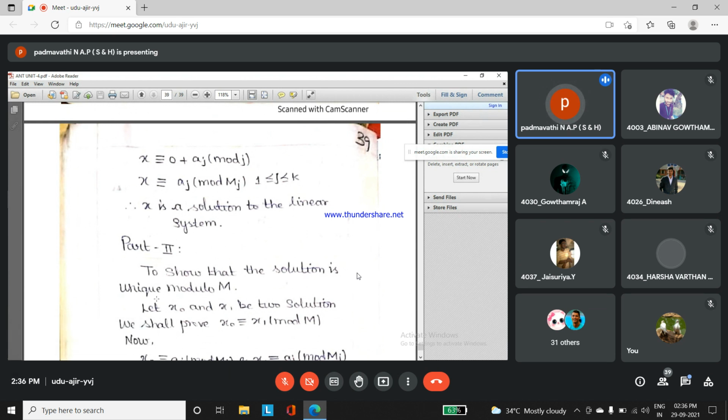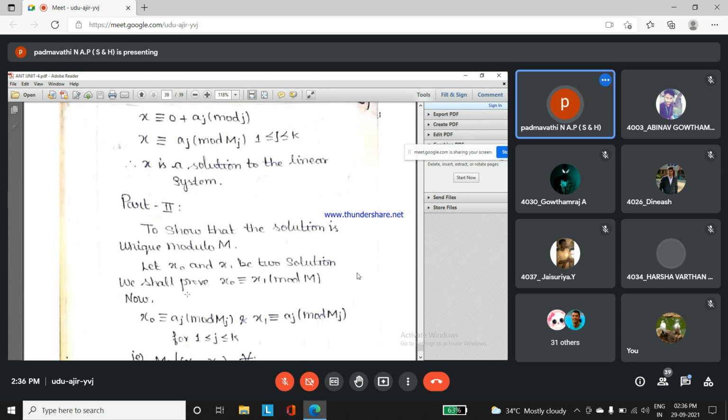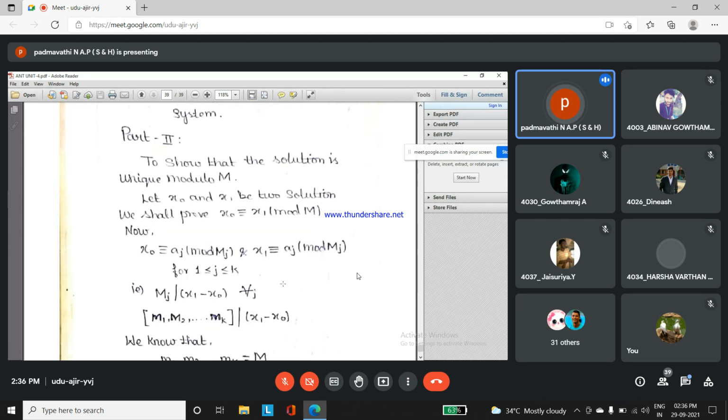Then part 2. So x is a solution to a linear system, prove பண்ணியாச்சு. Then we have to next prove that solution is unique modulo m அப்படினு prove பண்ணனும், ஓகேவா? Unique modulo m. So then you consider here x0 and x1 with the two solutions. We shall prove x0 is congruent to x1 mod m. இதுதான் prove பண்ணனும். Now here x0 is congruent to aj mod mj, okay.